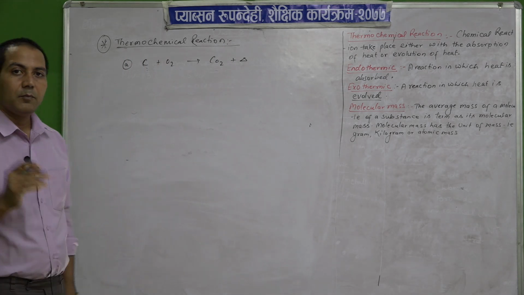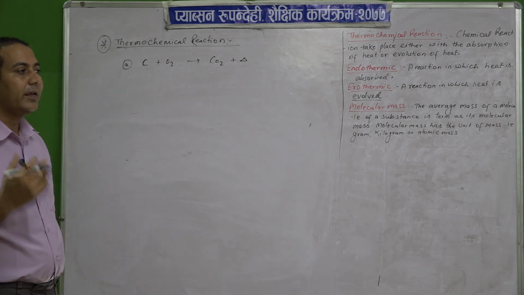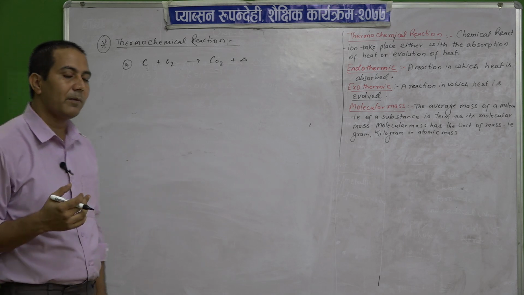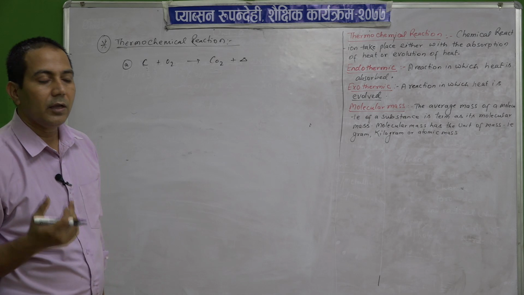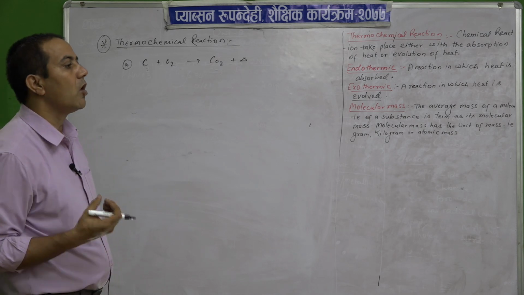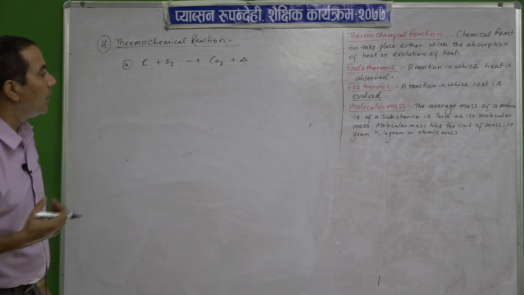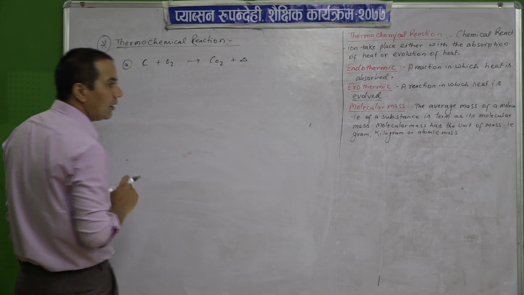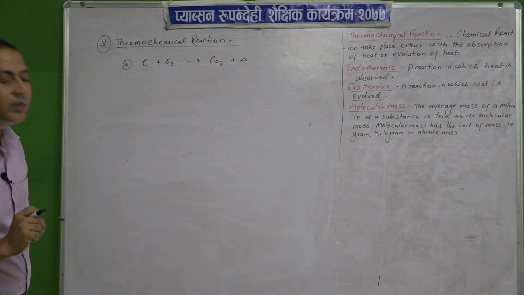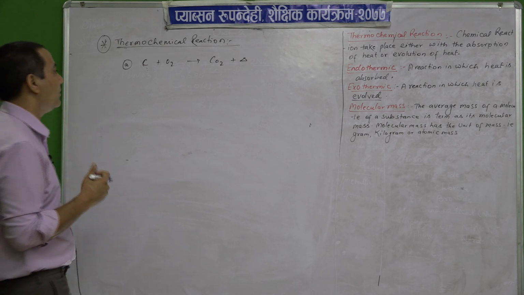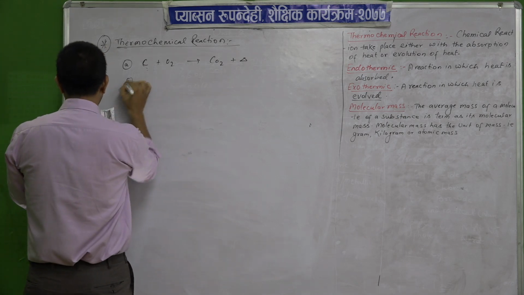Previously we said heat is required for carbon to react with water, it gives carbon monoxide plus hydrogen gas. But when carbon and oxygen react, carbon dioxide is formed with the release of heat energy.